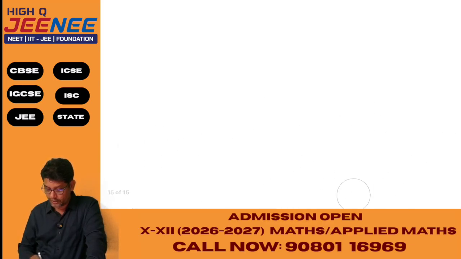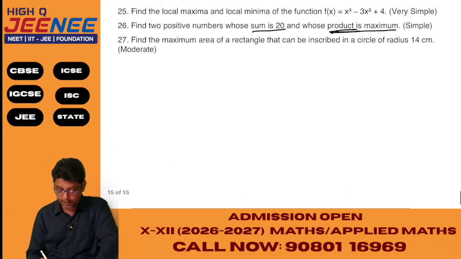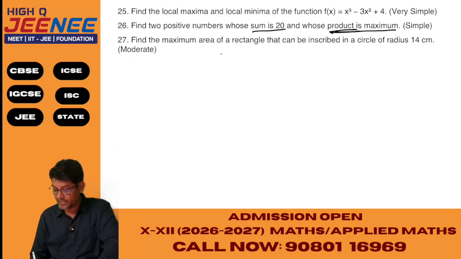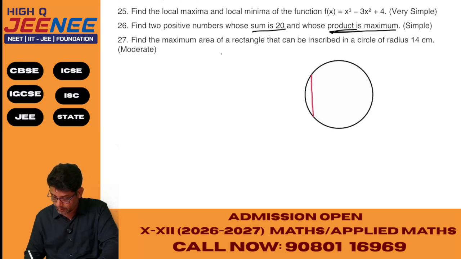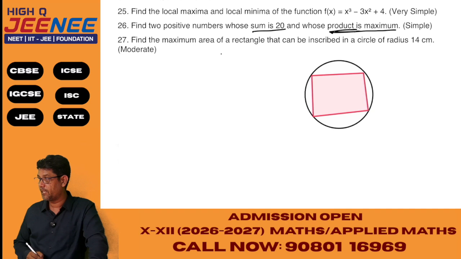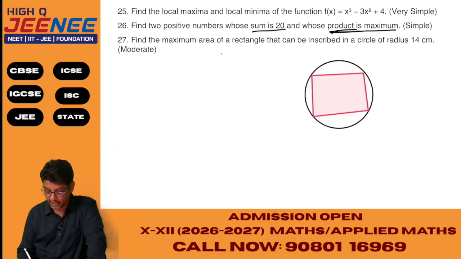That means a rectangle is inscribed in a circle. So there is a circle, and there is a rectangle inscribed in it.